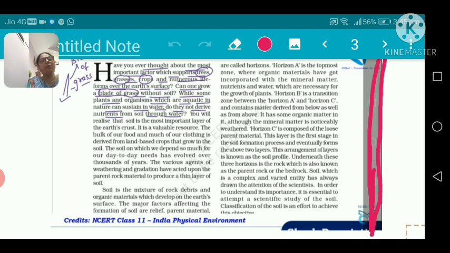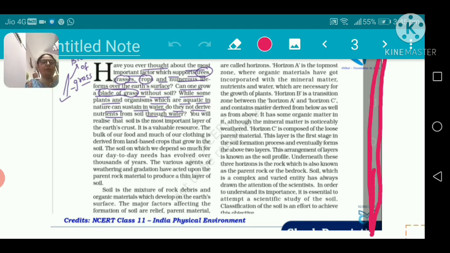Soil is very important for agricultural production, industrial production, even for the tertiary sector, because it is all on the land. If soil formation is not there, all the other activities seem impossible. Soil is a mixture of rocks, debris, and organic matter which dwell on the earth's surface, right?